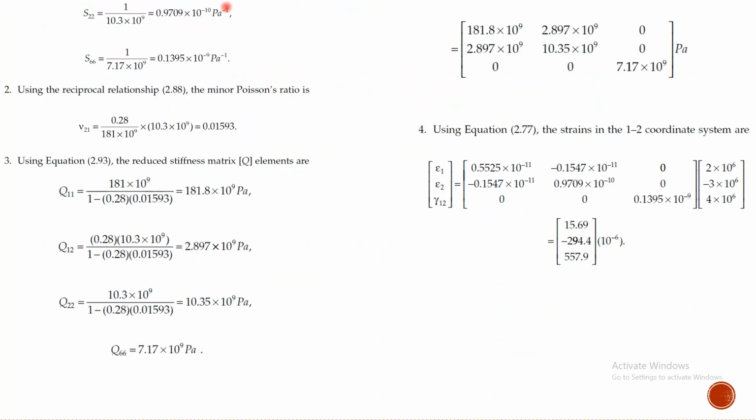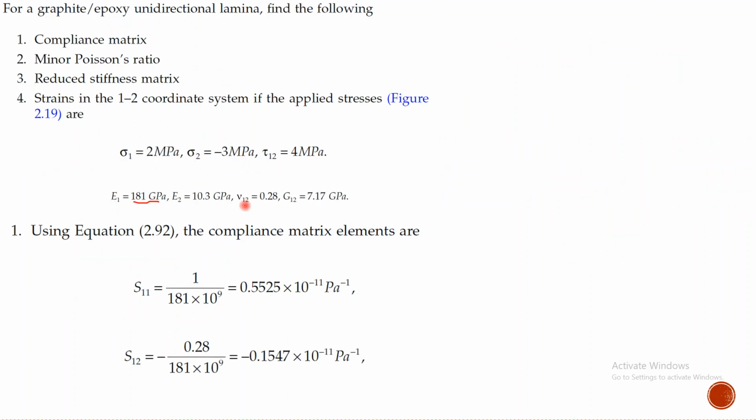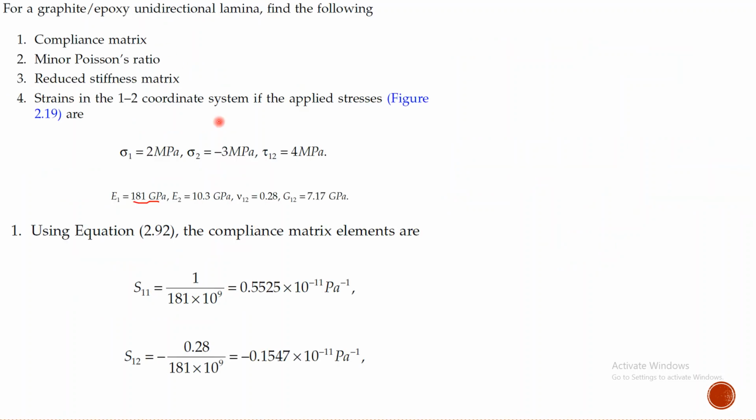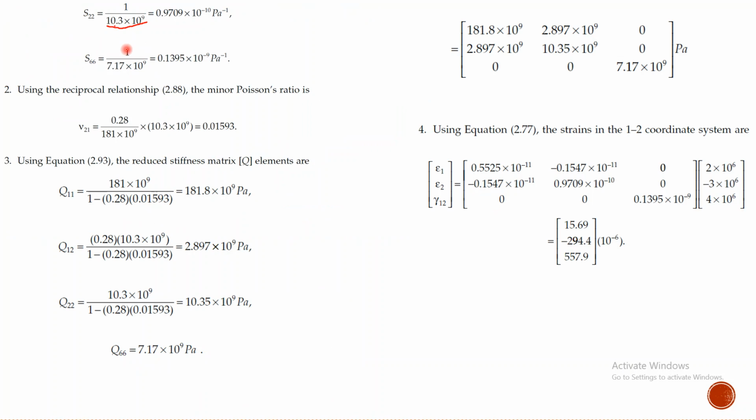And the next one is S22. S22 is 1 divided by E2, that is 10.3 into 10 raised to 9. And finally S66 is nothing but 1 divided by G12. Okay, so that I am going to get all these terms.